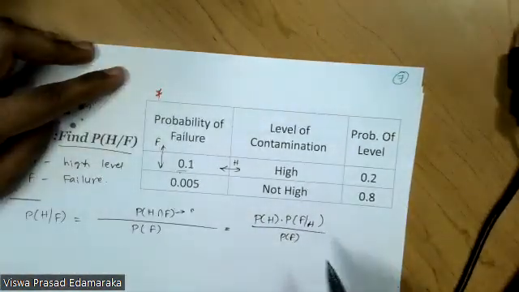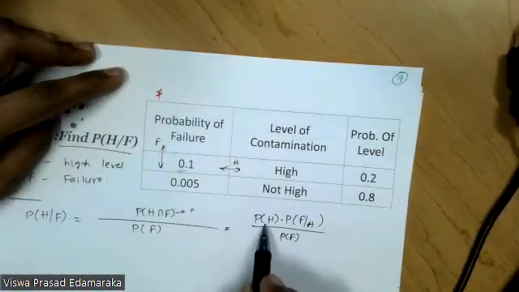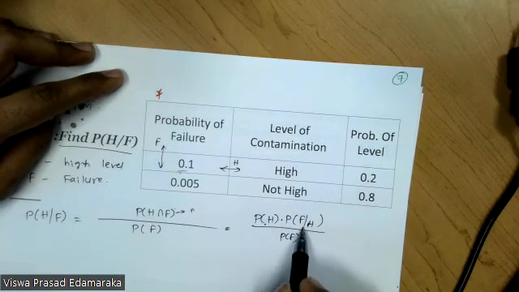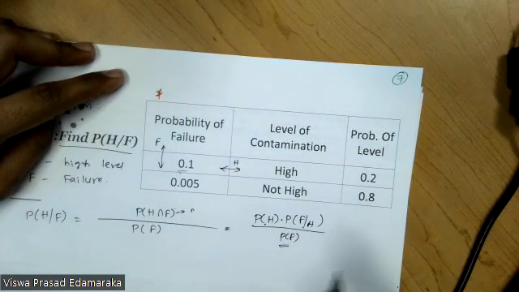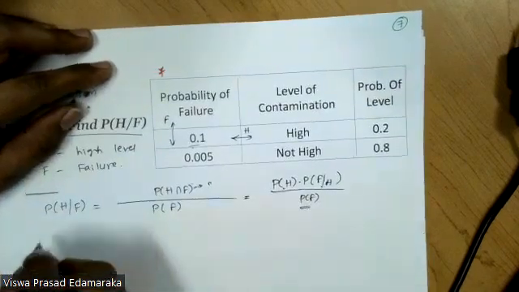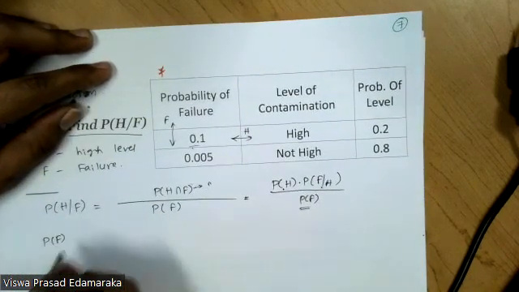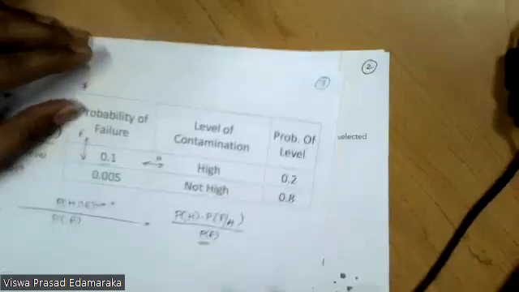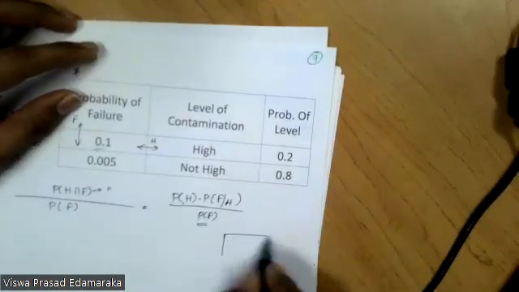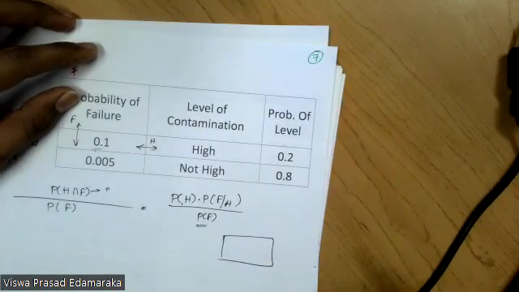So the challenging part is, I know P of H and I know F given H. The unknown part is P of F. I need to find this. So simply draw a table, like a rectangle.